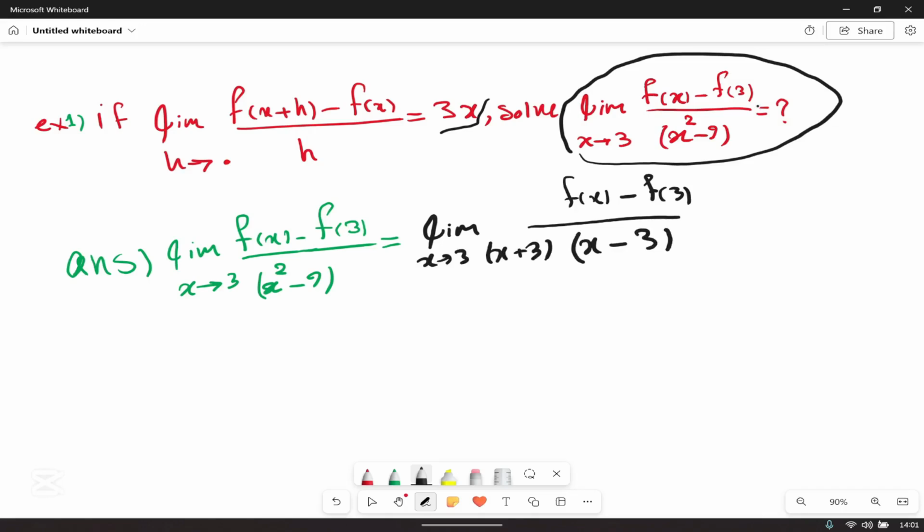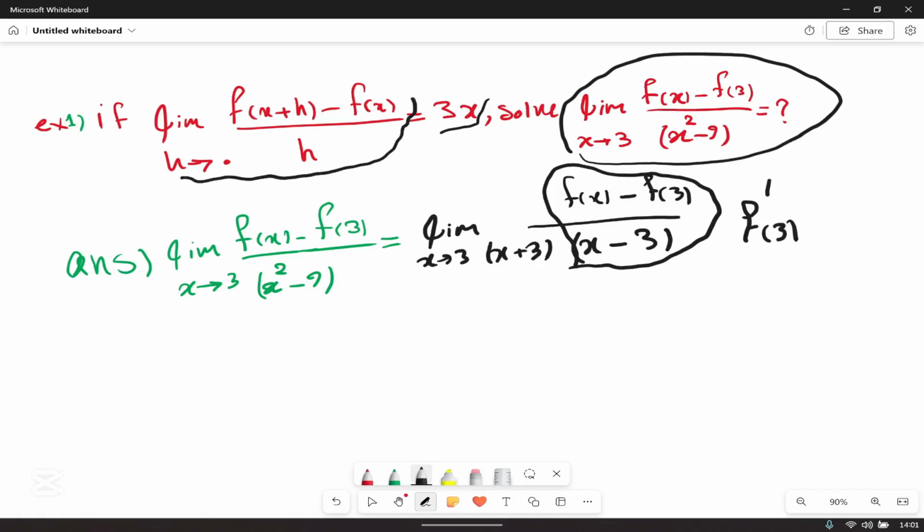Am I right? Okay. But this is exactly the definition of f prime of 3, and this is exactly the derivative of the function. So if we put 3 in here, it gives us 9, and therefore this part is 9.